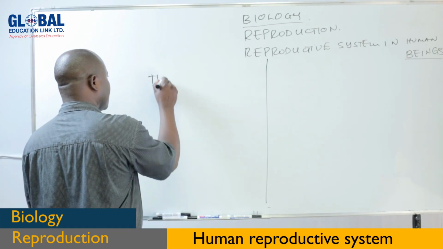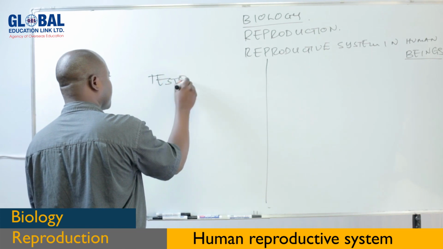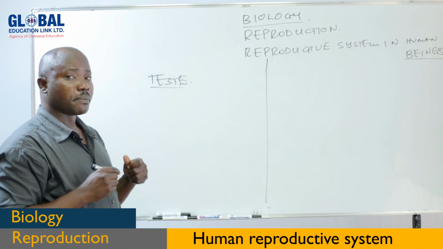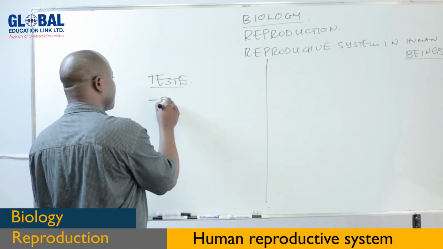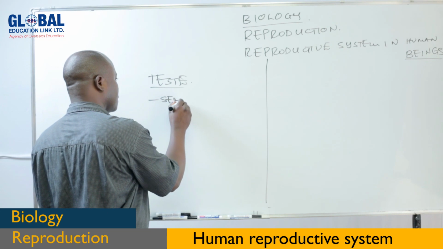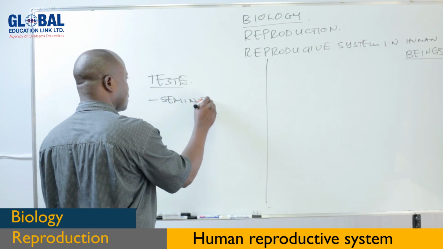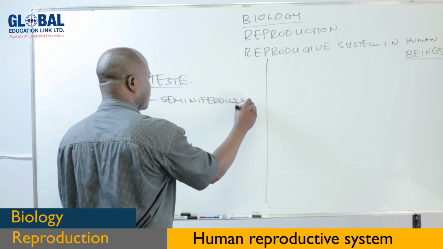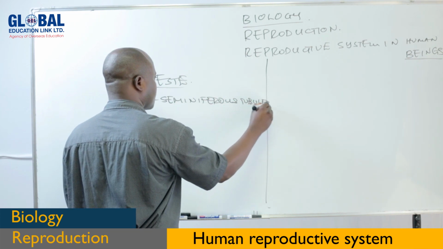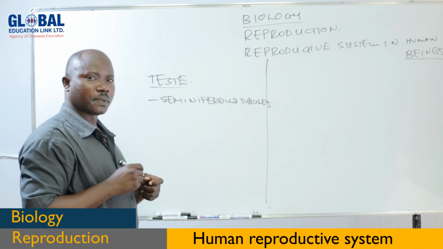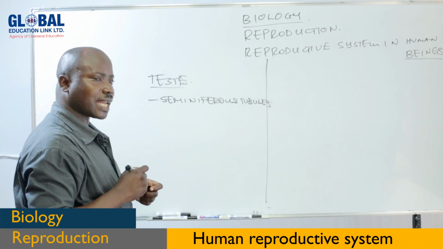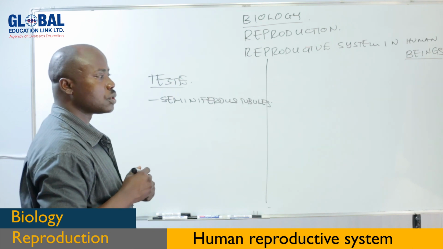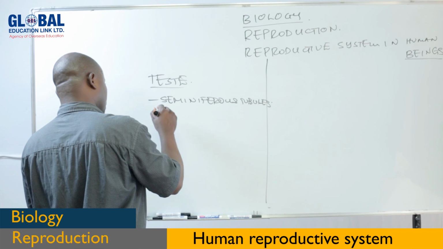Testis. The testis consists of the seminiferous tubuli, lined with a large number of primordial germ cells that give rise to spermatozoa.